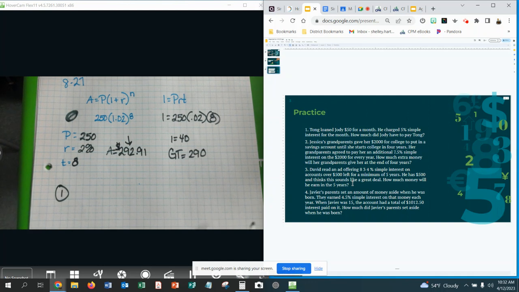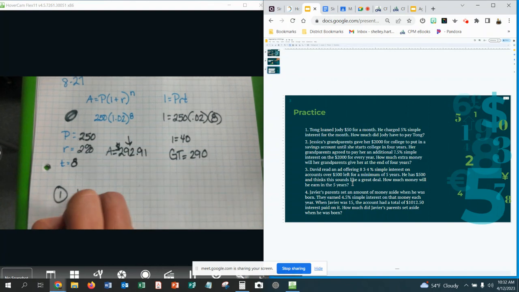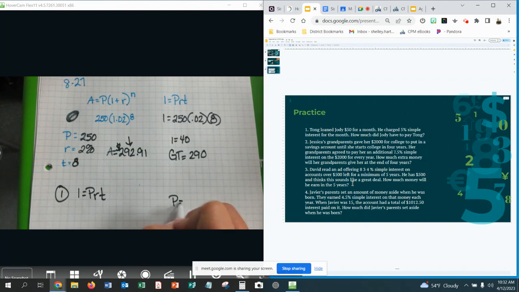Simple or compound? Mr. Shumway, simple or compound? Yes, Lizette, it is. So the first thing I'm going to do is write simple interest equals PRT. And then I'm going to plug in the principal, which is $50.